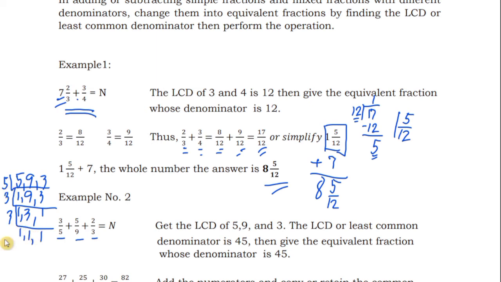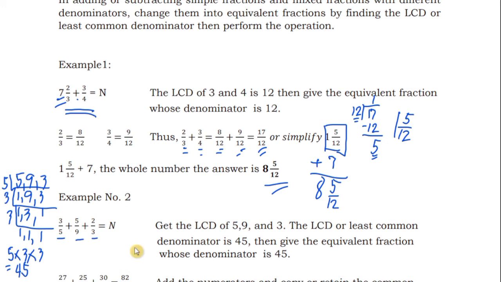So we now have 5, 3, and 3 in this part. So we multiply them all. The product is 5 times 3 is 15, times 3 is 45. So that is why we now have an LCD of 45.